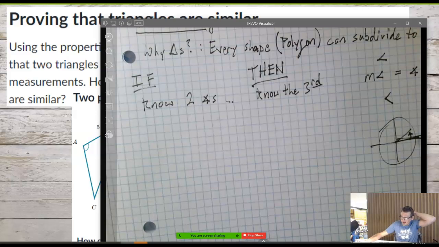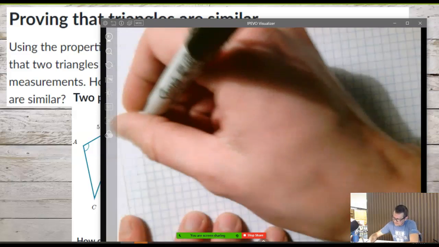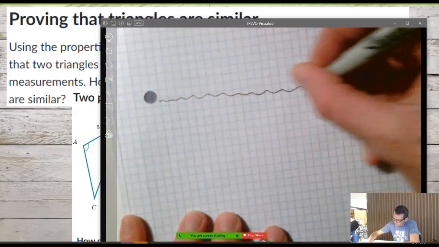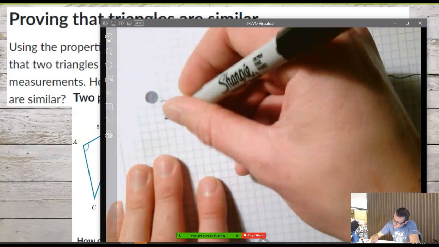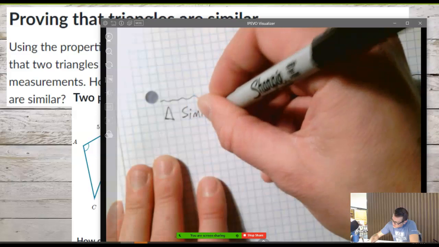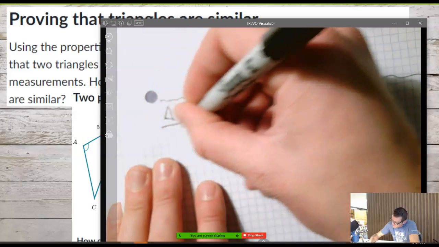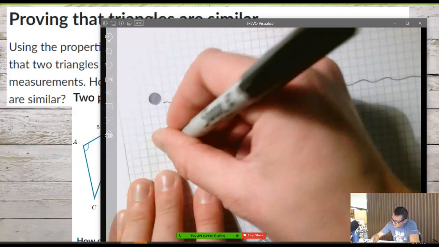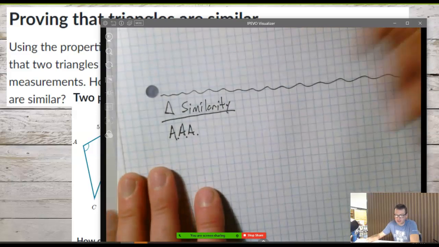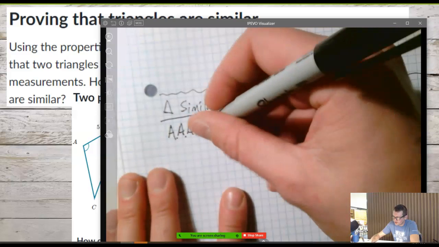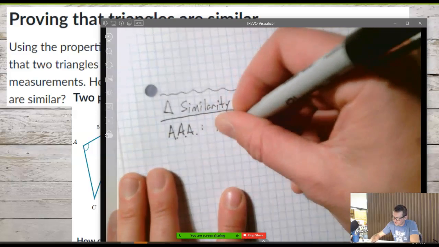So one similarity proof we're allowed to use for triangles is angle, angle, angle. And to use angle, angle, angle, all we have to do is know 2 angles.